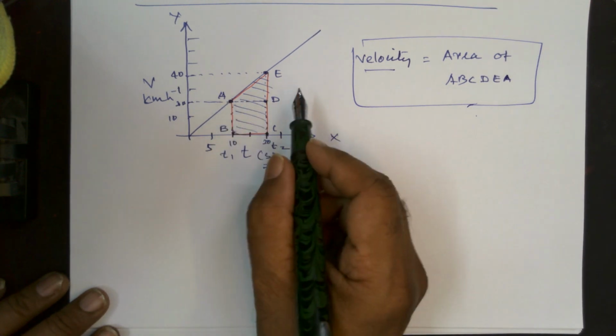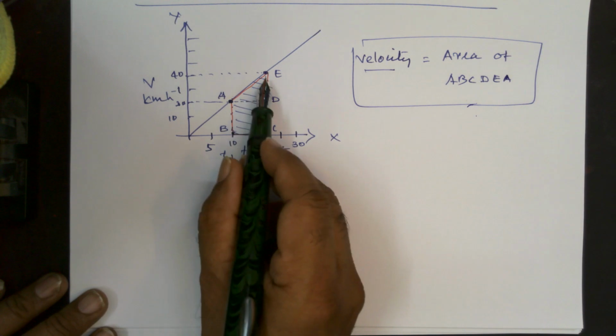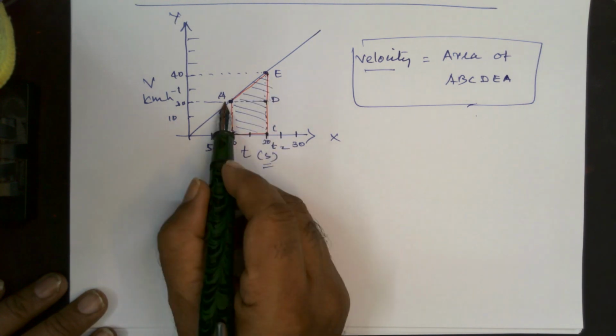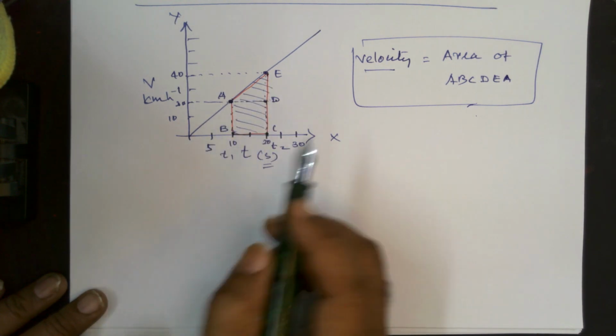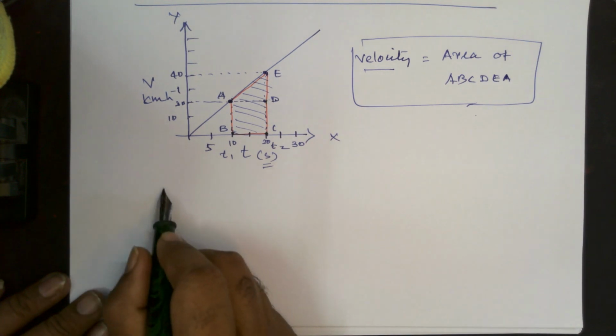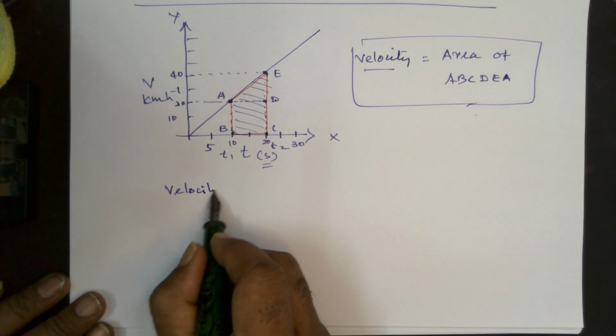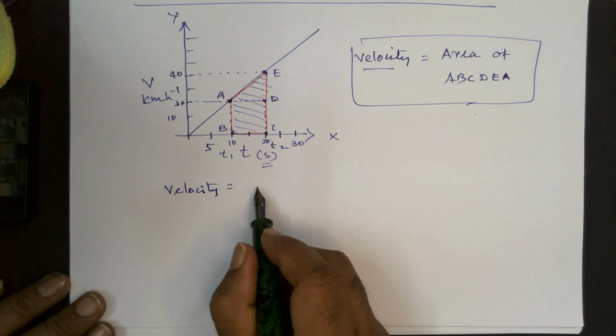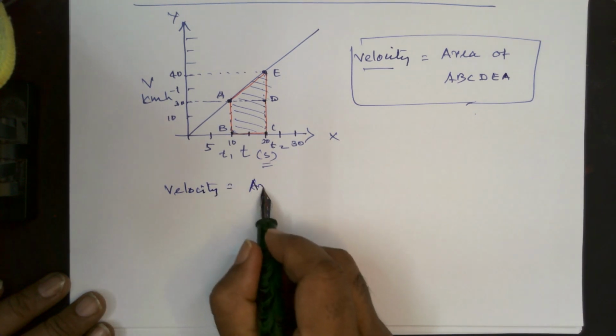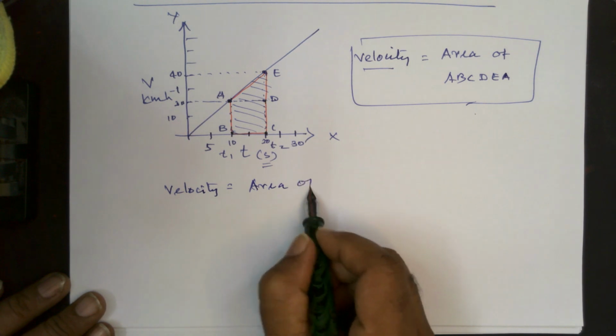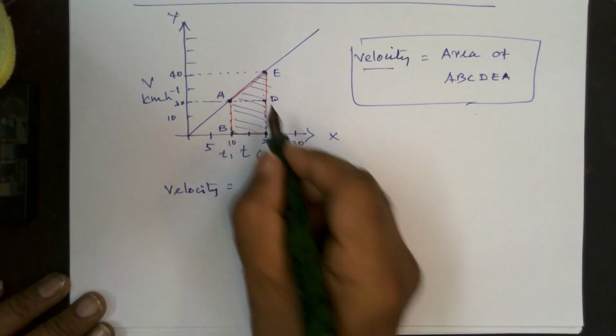See, AB. Now you have got a triangle here and a rectangle. Okay. So what you are supposed to do? Velocity is equal to the area of A, B, C, D, is it not?